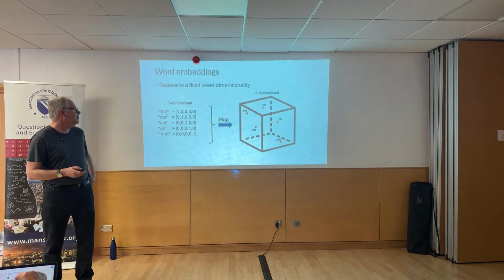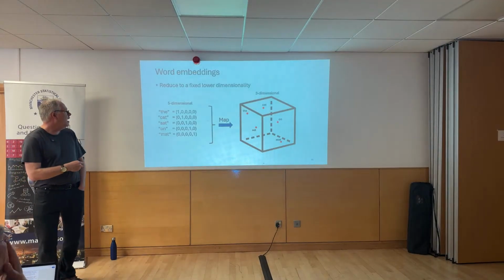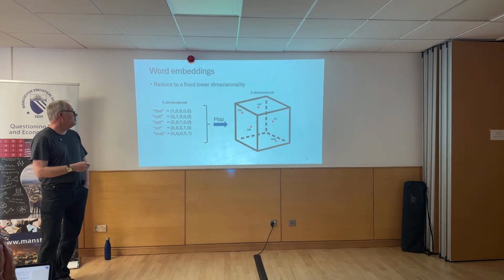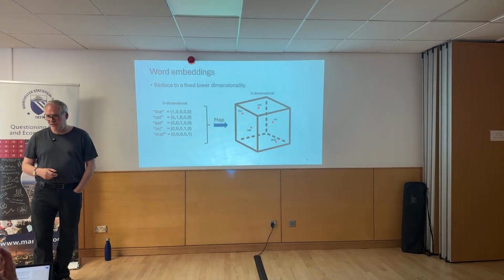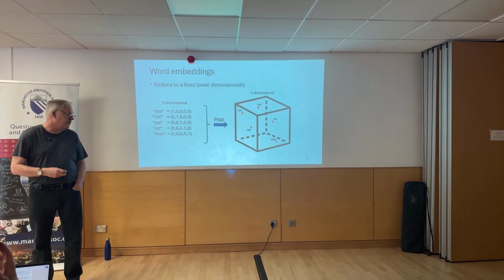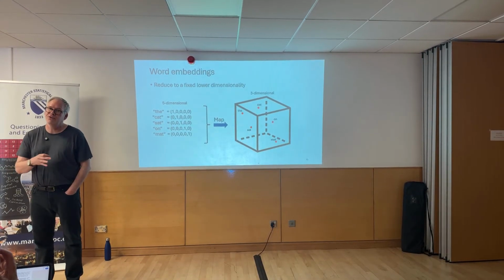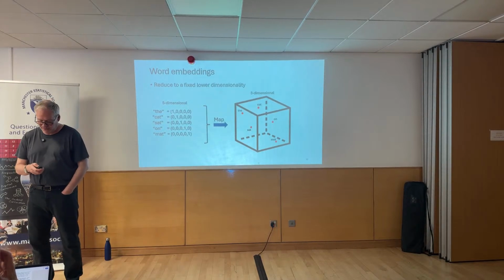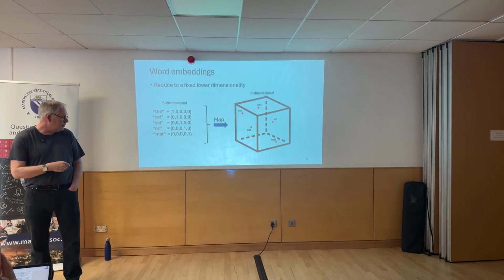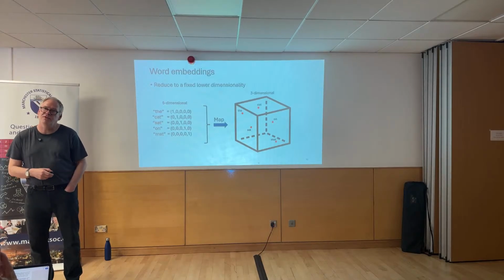Well, let's go back to our simple example again. I had these 5 words. I could represent them by 5-dimensional vectors. I had 5 words, so I've got 5 data points. Those 5 data points live in a 5-dimensional space. But I could map those 5 data points down into a 3-dimensional space.